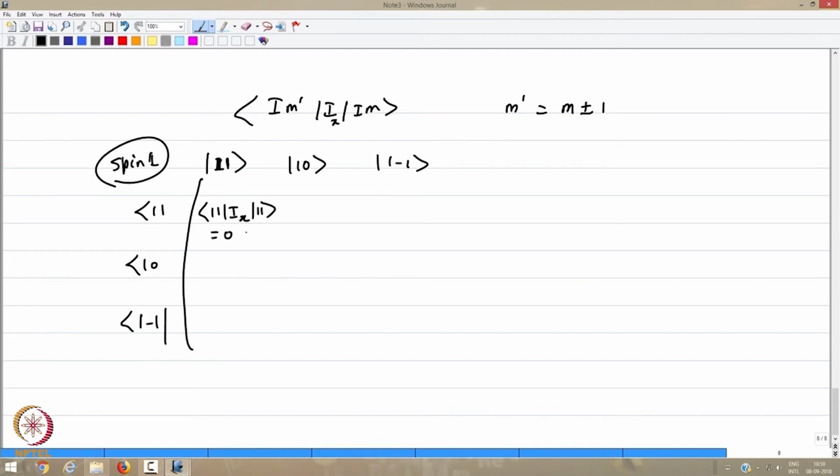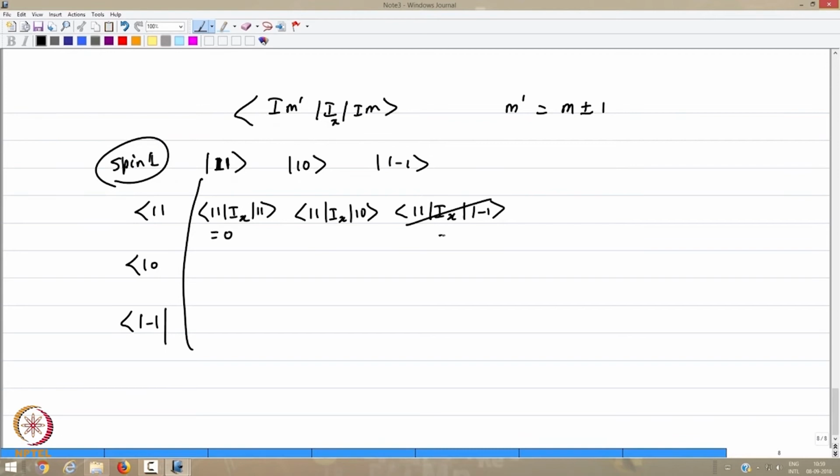This is 0 because the two states are identical. This element is 1 1 Ix 1 0. This is not 0 because m prime is equal to m plus 1, because there is a plus component of this which will raise 0 to 1, and therefore, this element is non-zero. But on the other hand, this will be 0 because here m prime, this minus 1, is not m plus or minus 1, but it is actually 2 off.